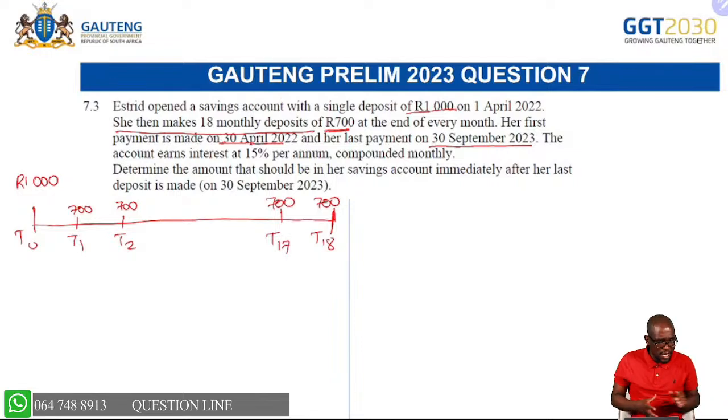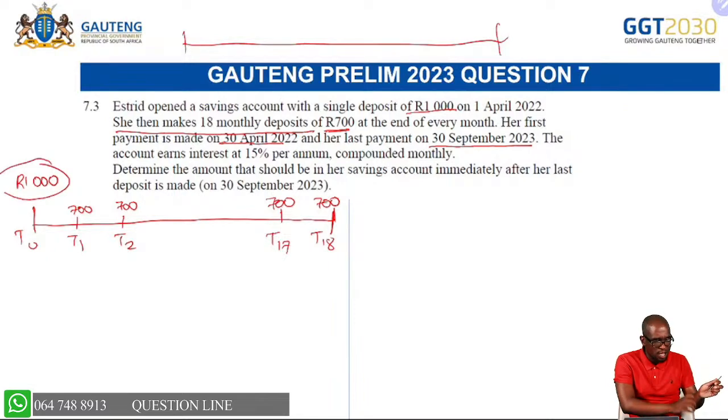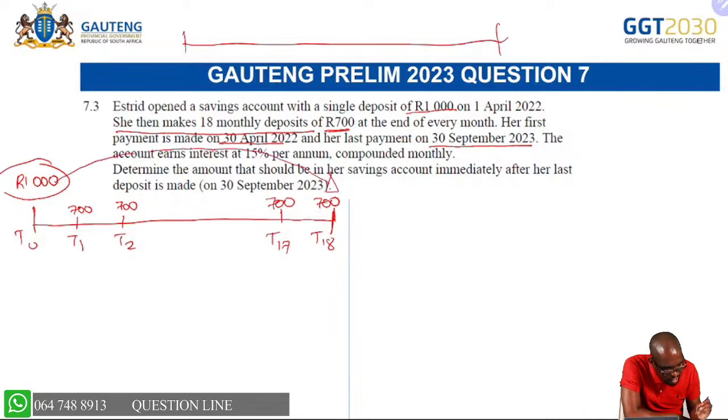Now, I'll explain one of the ways in which you can solve this. One of the ways would be what I'm going to use here. I'll take this 1000 because it's not part of the annuity. I'll grow it using compound interest until the end of the investment period. That is T18, using compound interest.